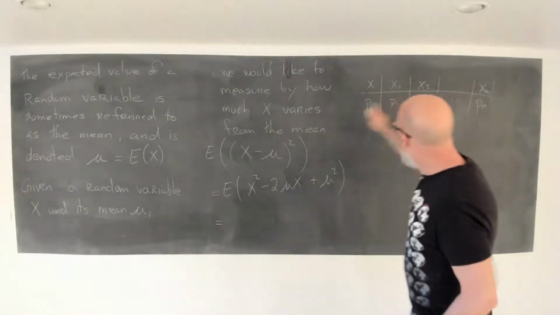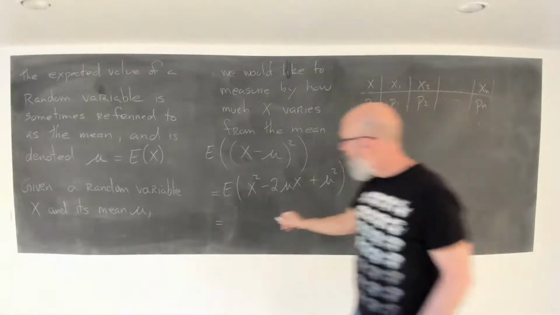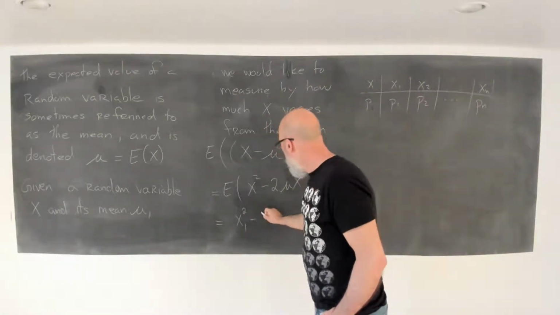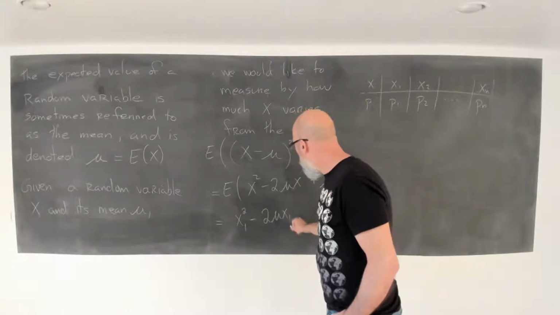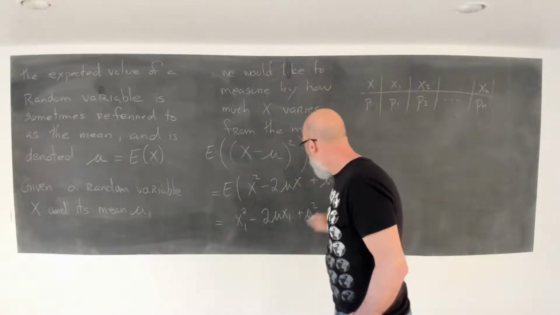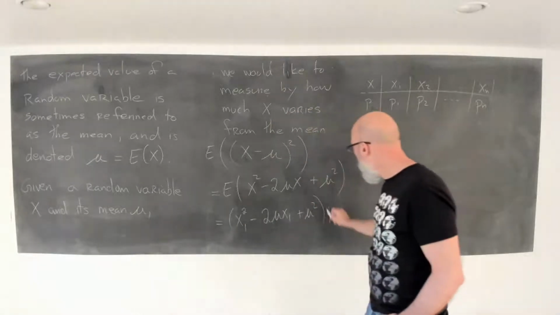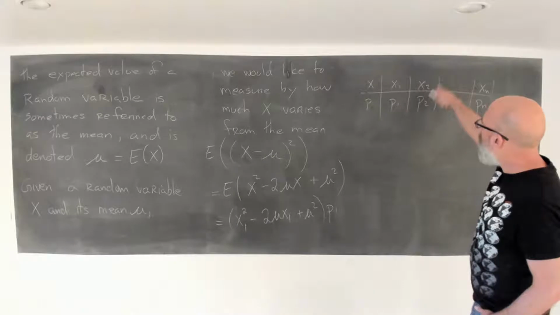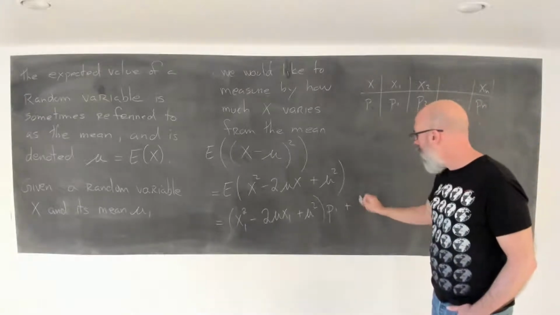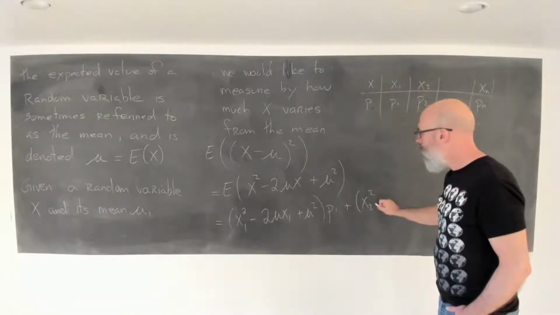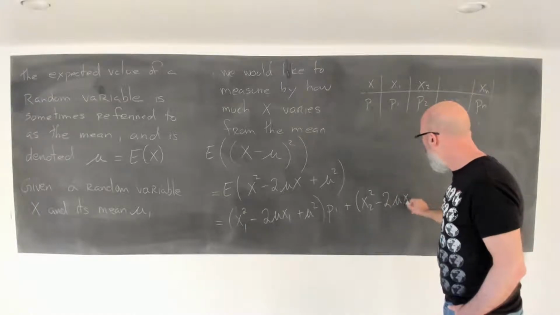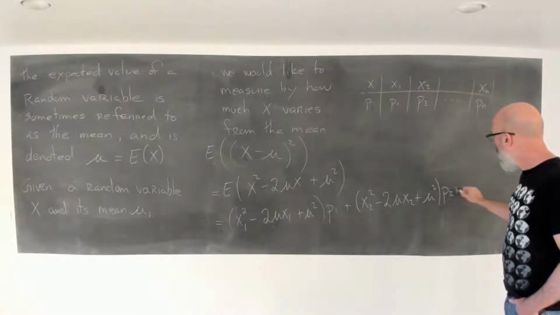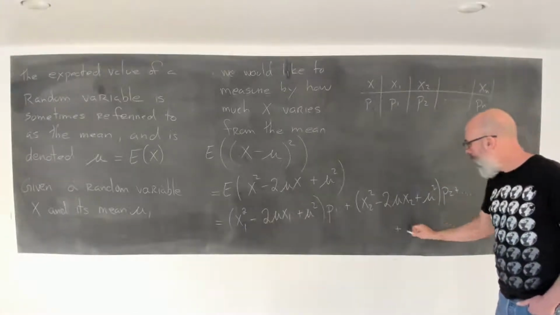Well, this is the value squared. So this is x1 squared minus 2 mu x1 plus mu squared, all the way times the first probability, and so on for everything else, right? x2 squared, all the way to the last one.